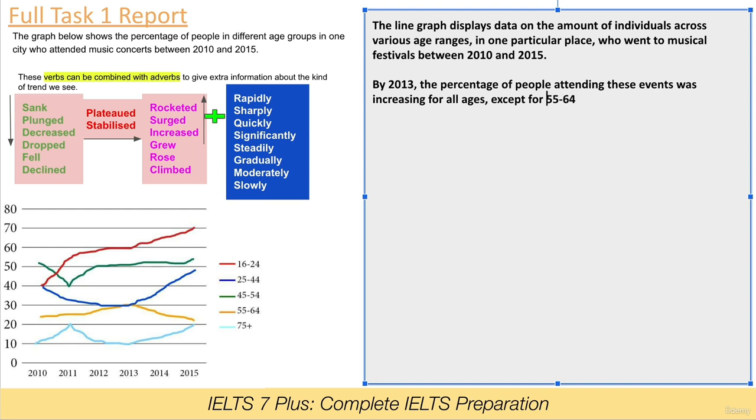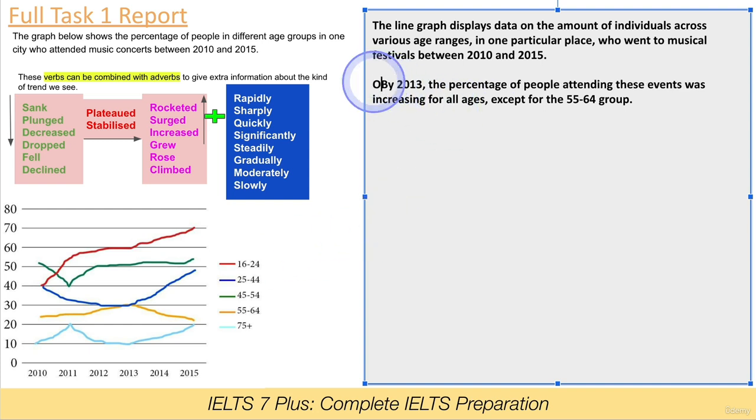Except for the 55 to 64 group. So that's our overarching statement then. We're not being too specific, but we're giving our general idea of what's happening. And actually, that's the point.